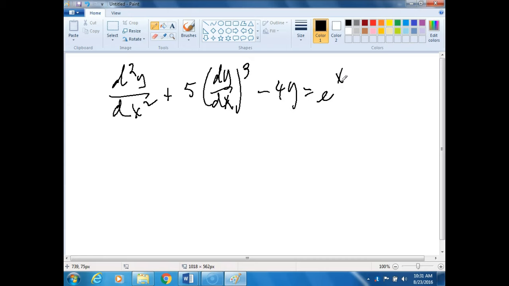Very good. This is a second order term. That's a first order derivative, even though it's raised to the third power. So the third power means it's not linear, but it's still a first order derivative. Exactly. And that's just your function.